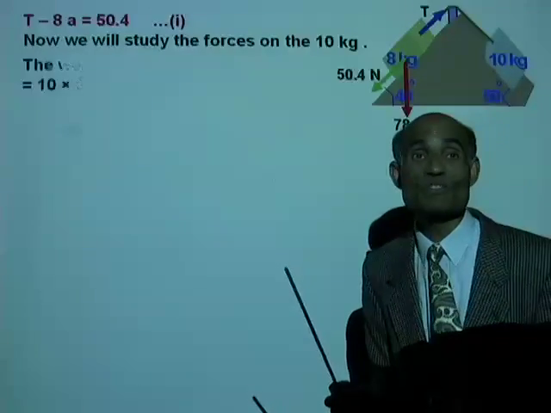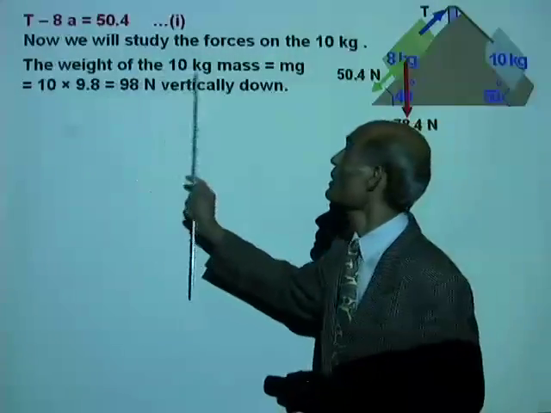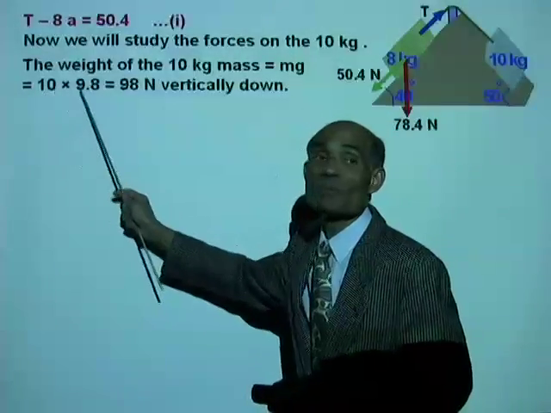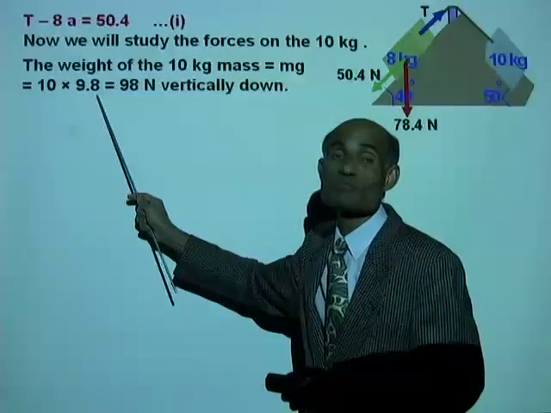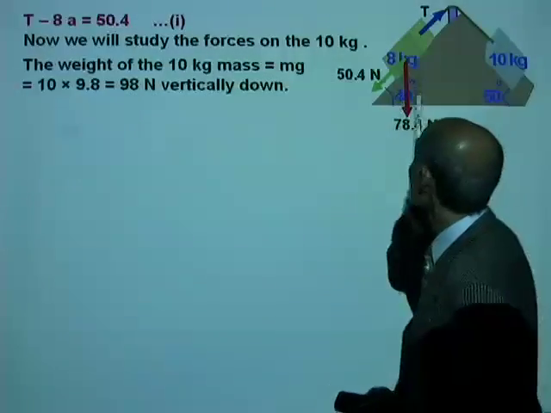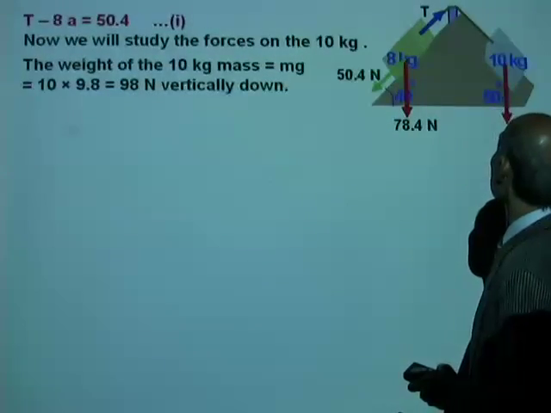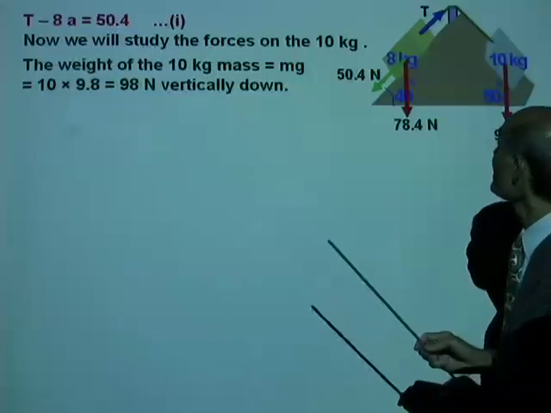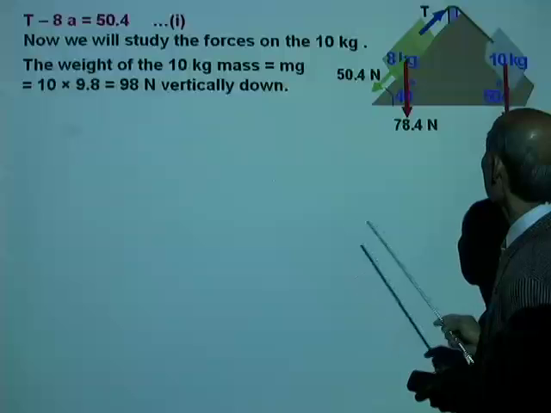What is the weight of the 10 kilogram mass? The weight will be mg, 10 kilogram times 9.8 meter per second squared. That is 98 Newton acting vertically down.